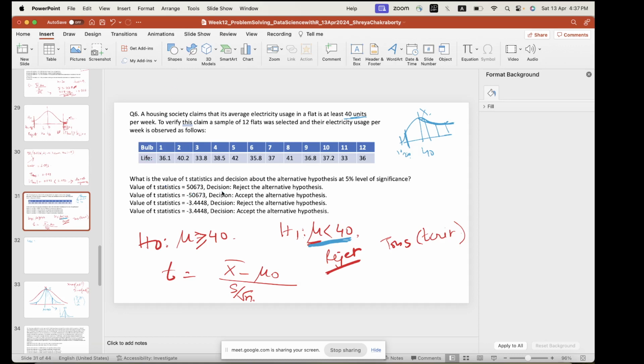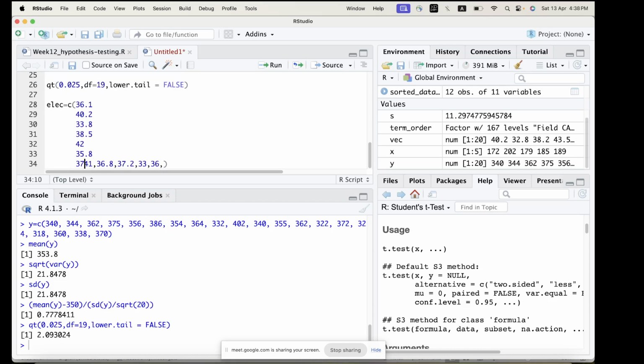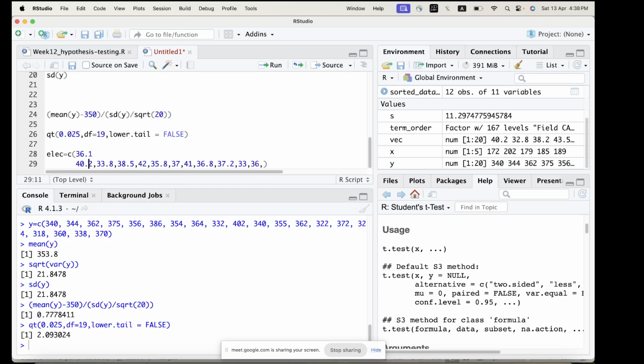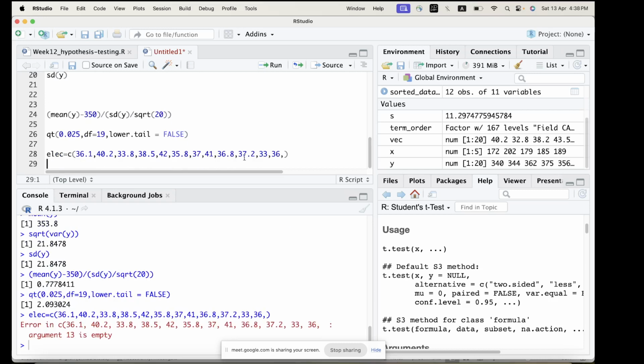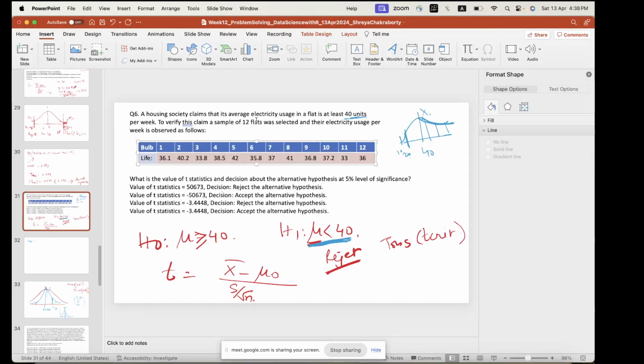Let's say this is my electricity data, and you are trying to find out the t statistic.